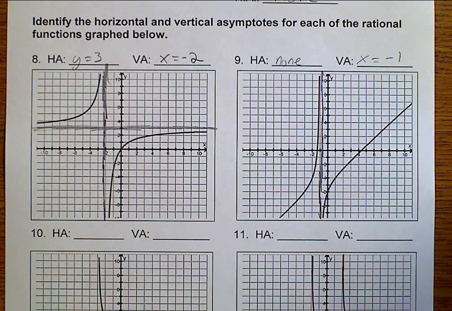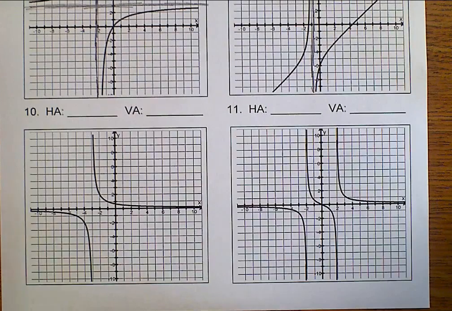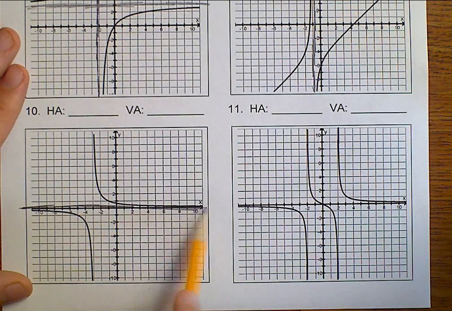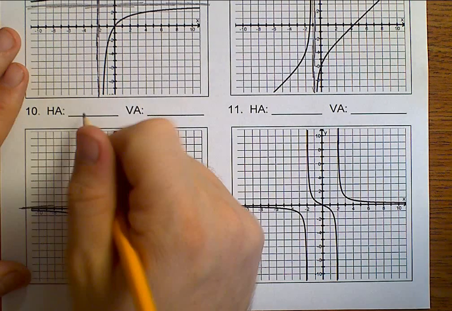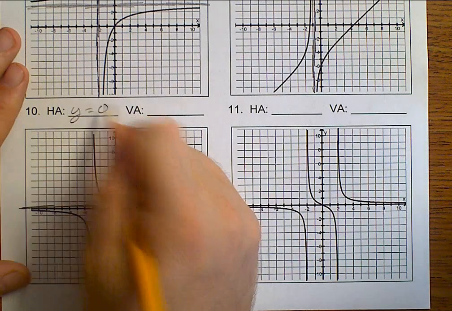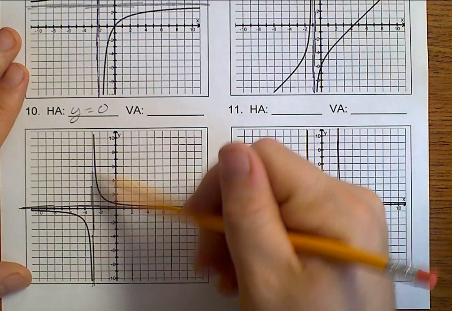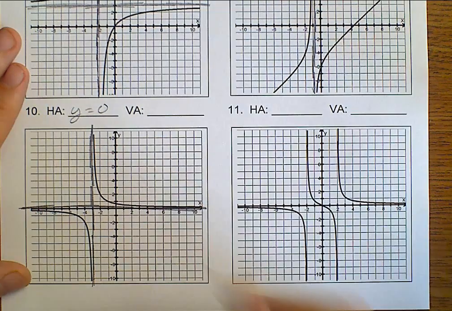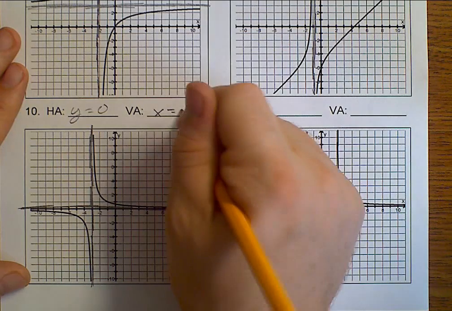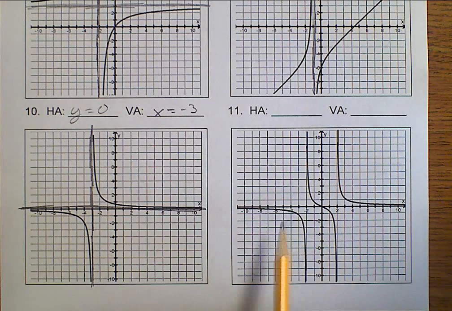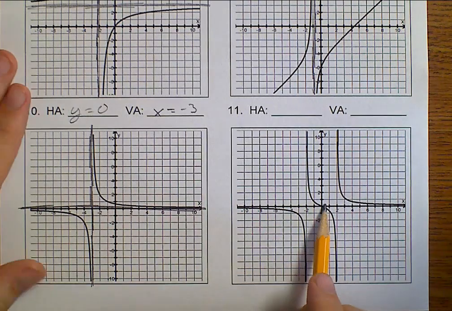Moving on to number 10. Horizontally, we are here. And vertically, we are here. Now number 11, it's a little bit tricky. We do have a horizontal asymptote. It just happens to exist right here.